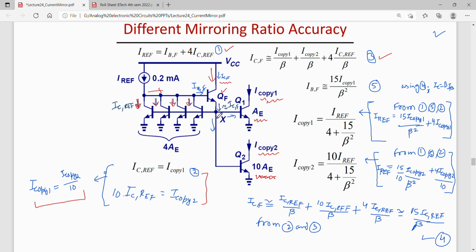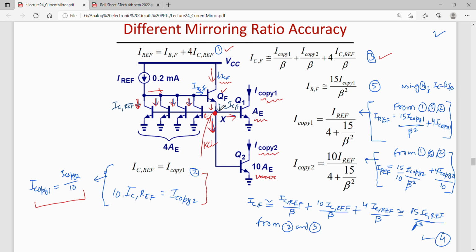Next, I will write equation number 3, which is this current ICF. So again, applying KCL at this point, this current will be equal to the current going into the reference transistor, current going into Q1 and current going into Q2. So four currents we have at this point.